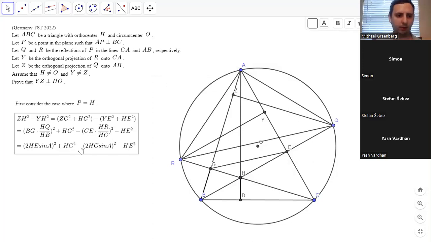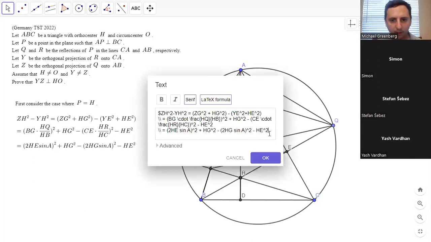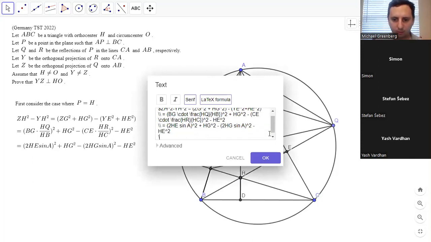And then we use the double angle formula, so this would be equal to 4 sine squared A minus 1 times HE squared minus HG squared.